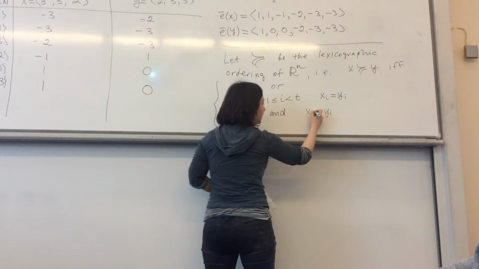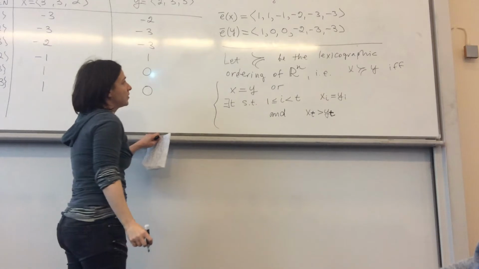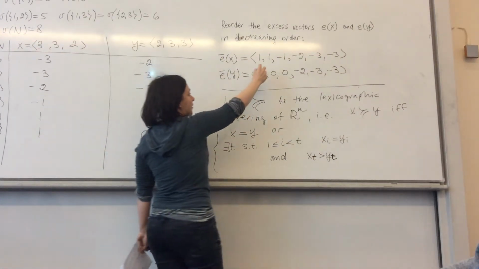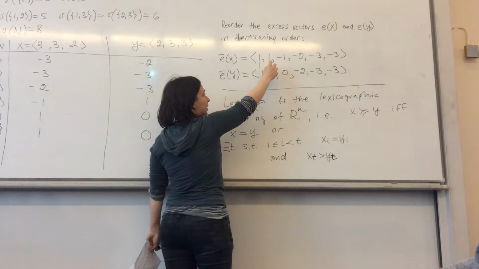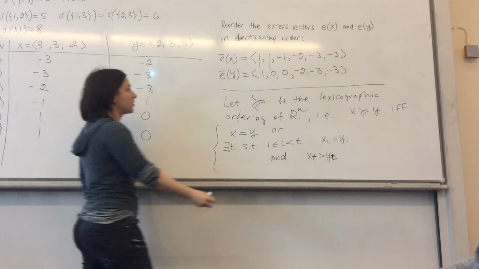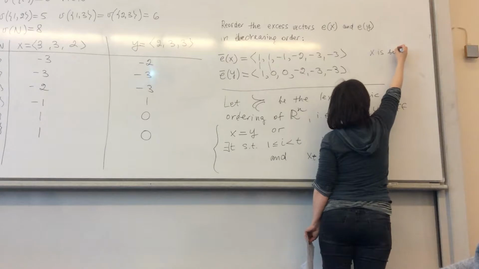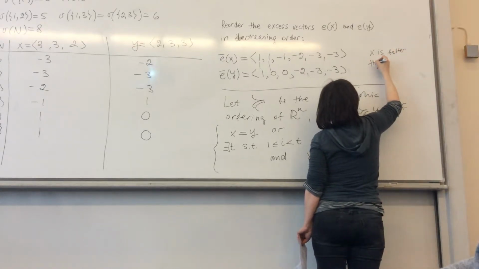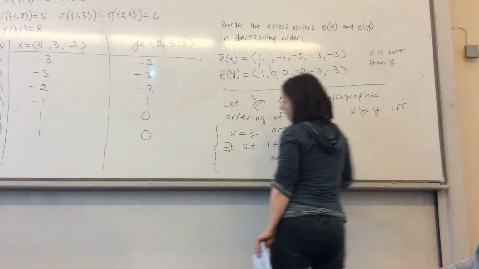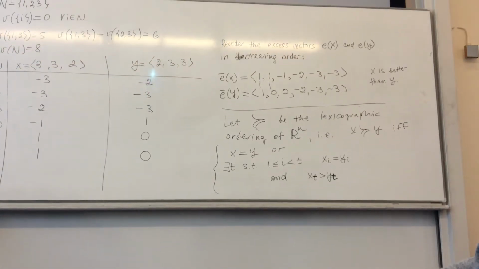So in our case, the first entry is the same, and in the second entry we see that x is larger than y, so we don't need to check the rest of the vectors, and we would say that x is better than y as a payoff vector, given that that's the way that we are going to compare them, by lexicographic order of their excesses.